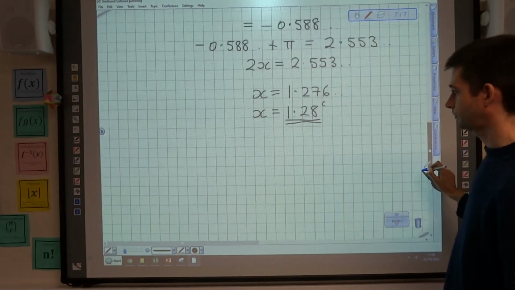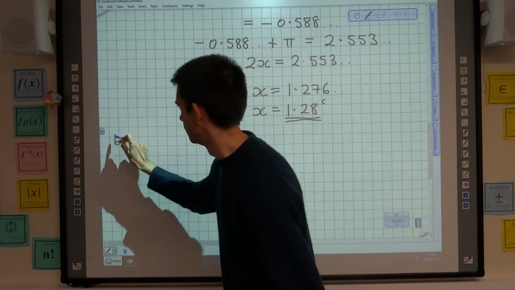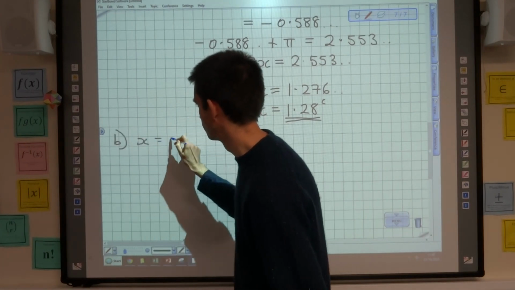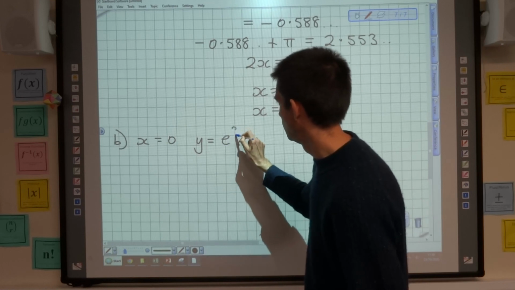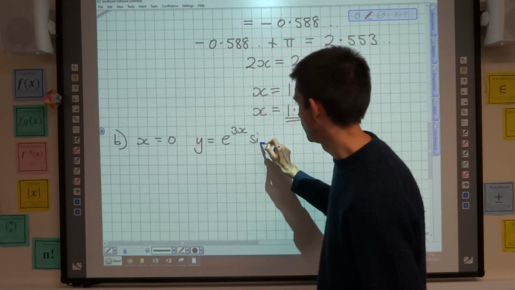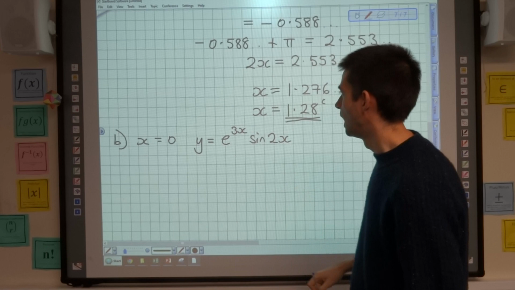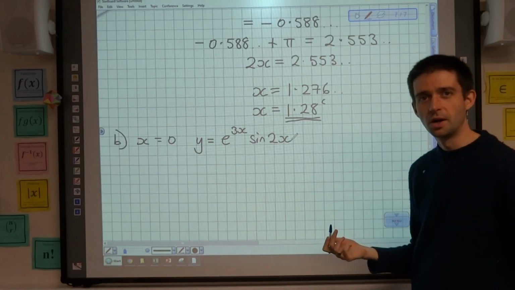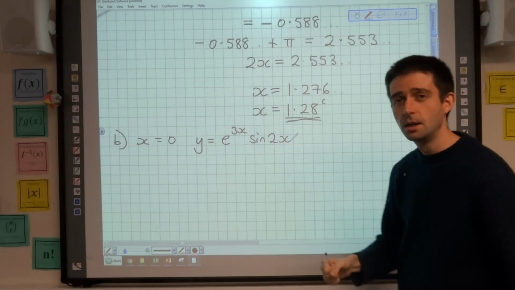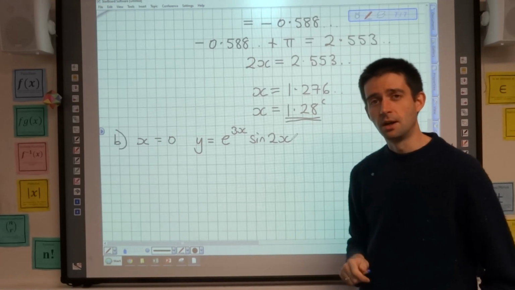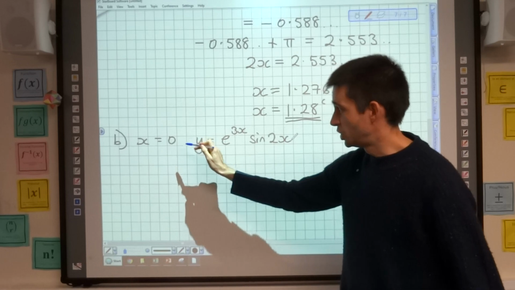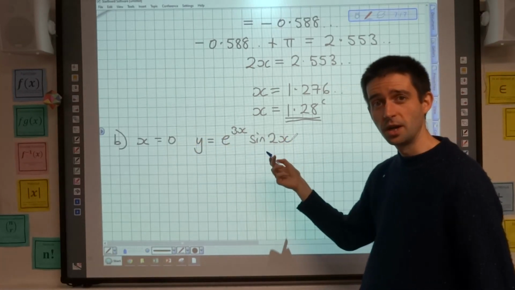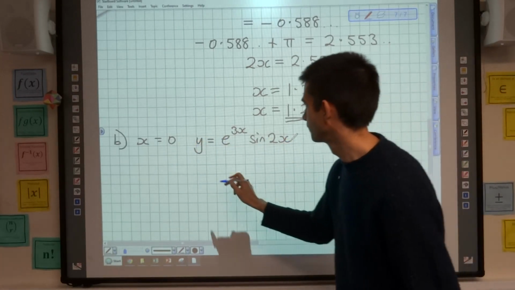So, all the information that I have then, I know that x equals 0, I know that y equals e to the 3x sine 2x, and I also have an expression for dy dx, which I'll use in a moment. The two things I need to find the equation of the straight line are a point and the gradient. So the first thing I'm going to do is substitute x equals 0 into this equation to find the point on the curve.